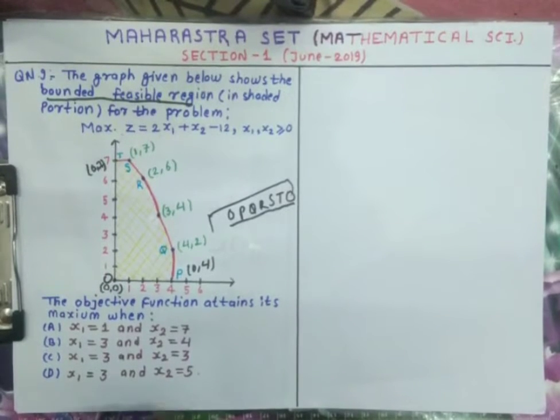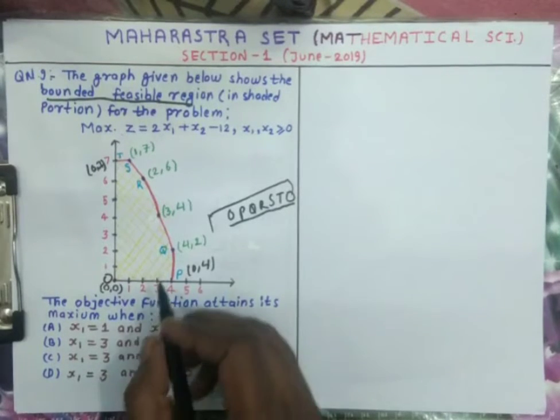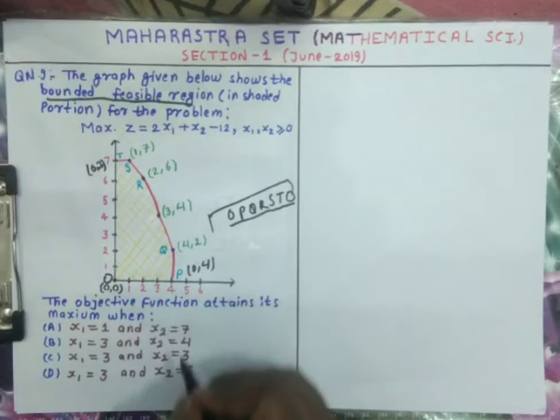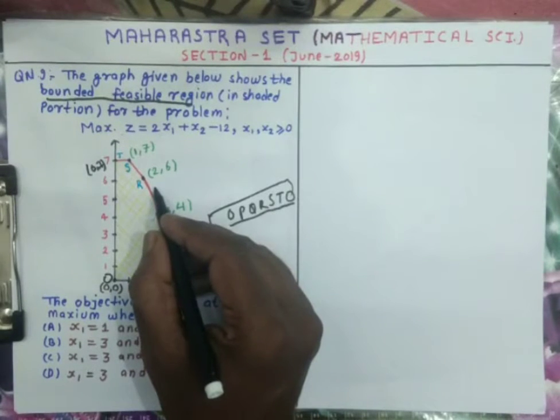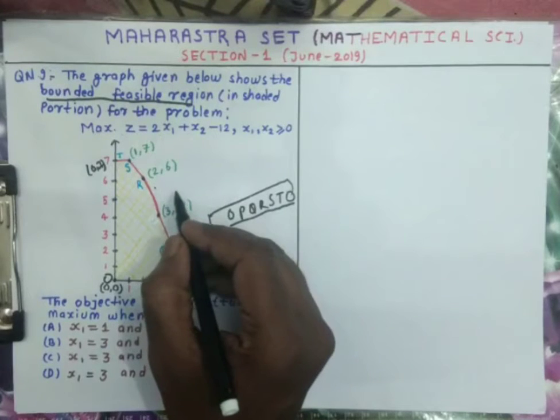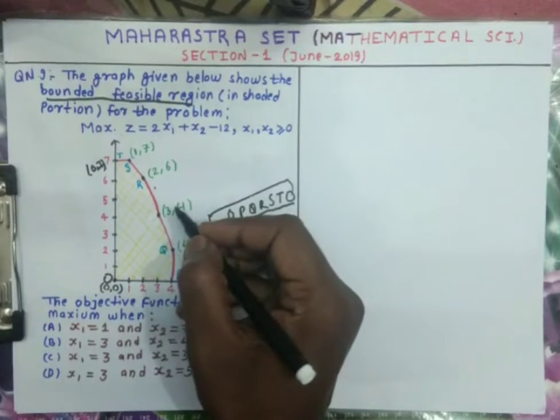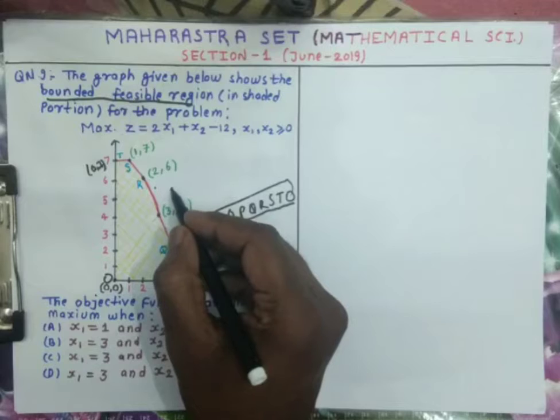In option D, x1 equals 3 and x2 equals 5.